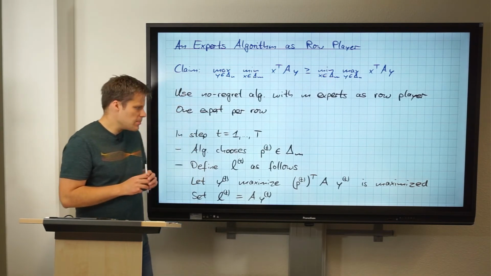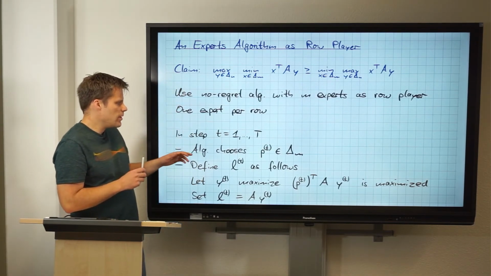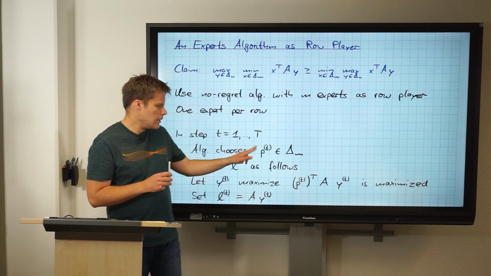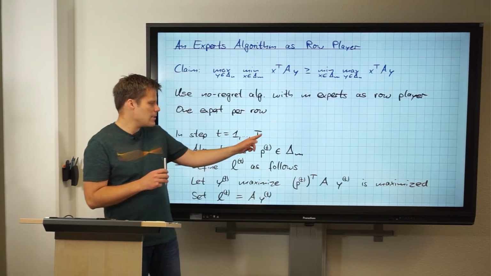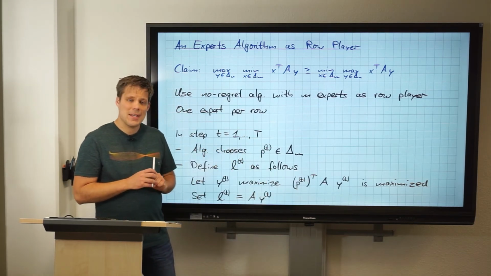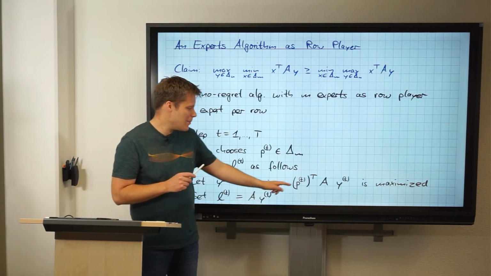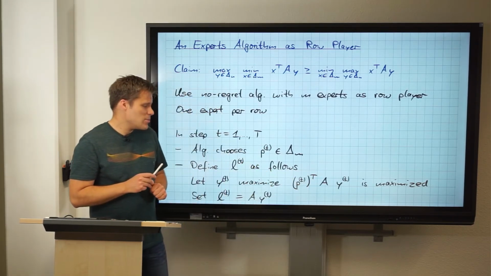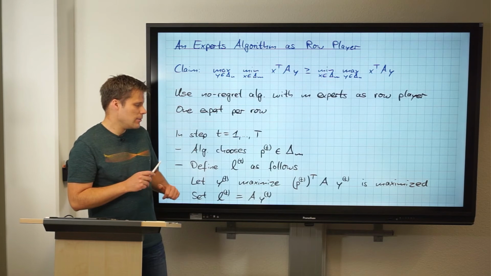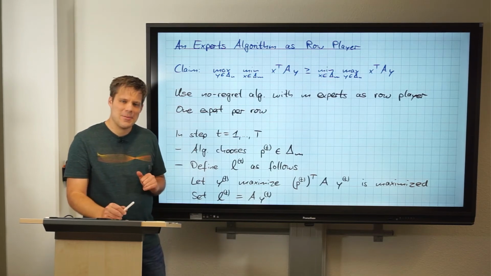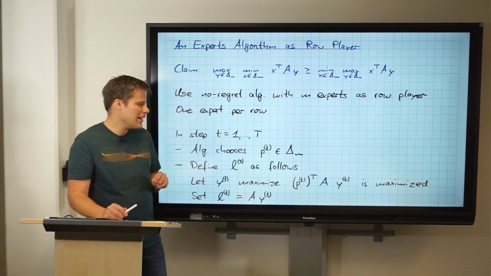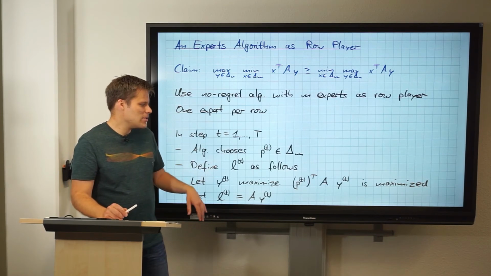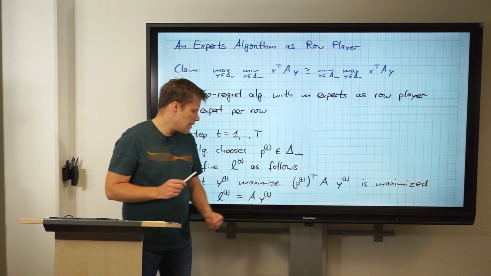Just to say it very explicitly, there are two things which look alike in my handwriting. The one is the capital T, which is the number of rounds that we have, and the other one is the transpose sign. Unfortunately I cannot really distinguish between these two in my handwriting, but I hope there's no real confusion between them.